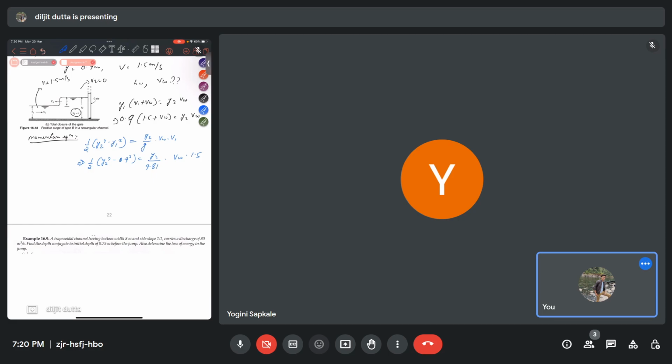So if we substitute vw from 1 in 2, to get vw, what will you get? vw is equal to 0.9 into 1.5 divided by (y2 minus 0.9).